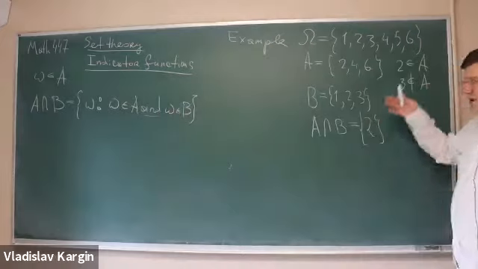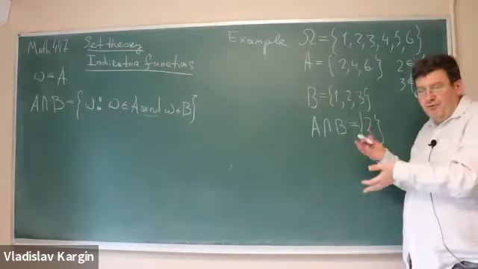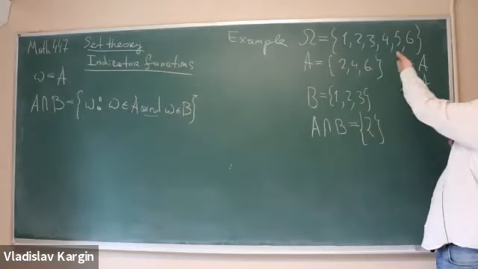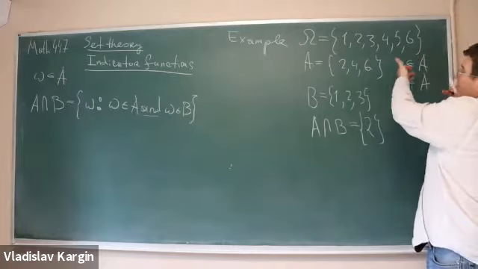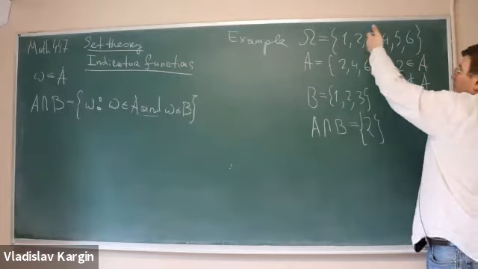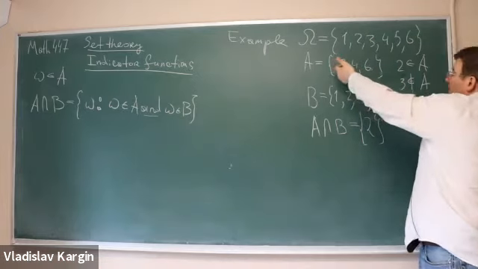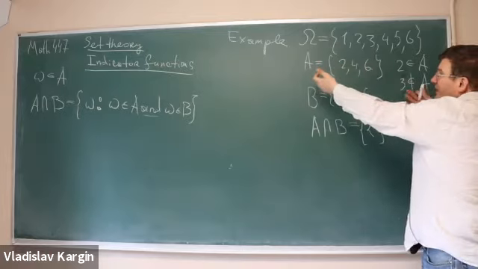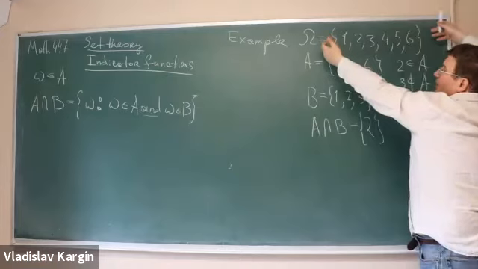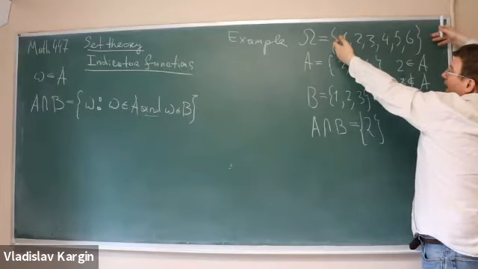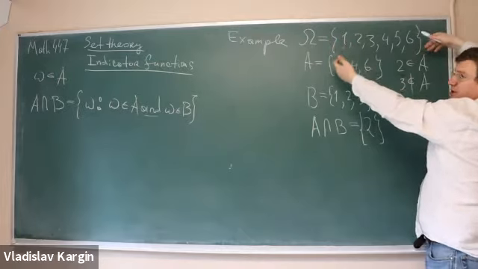It gets a little bit formal, but in principle, we can say what it means that 2 belongs to A. It's just a relationship, like a function. It means there is a function on all of omega, which to each element of omega puts in correspondence false or true.